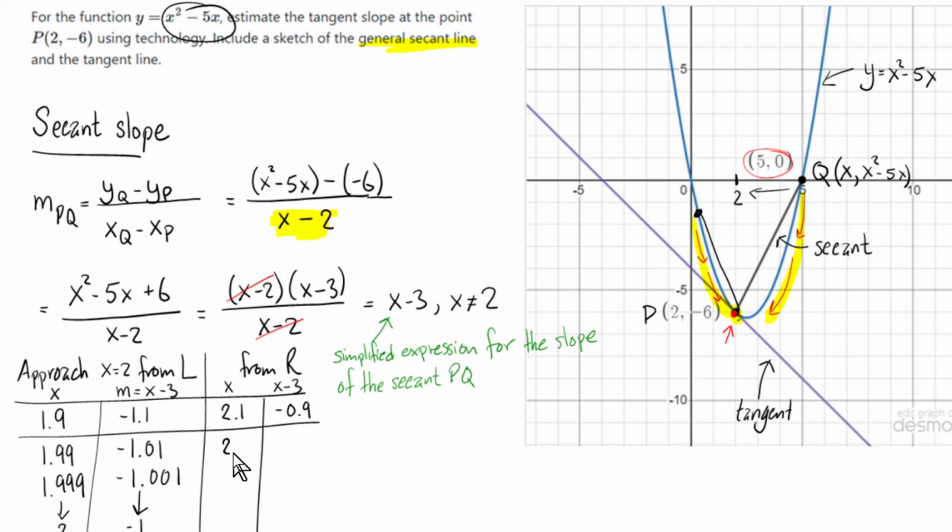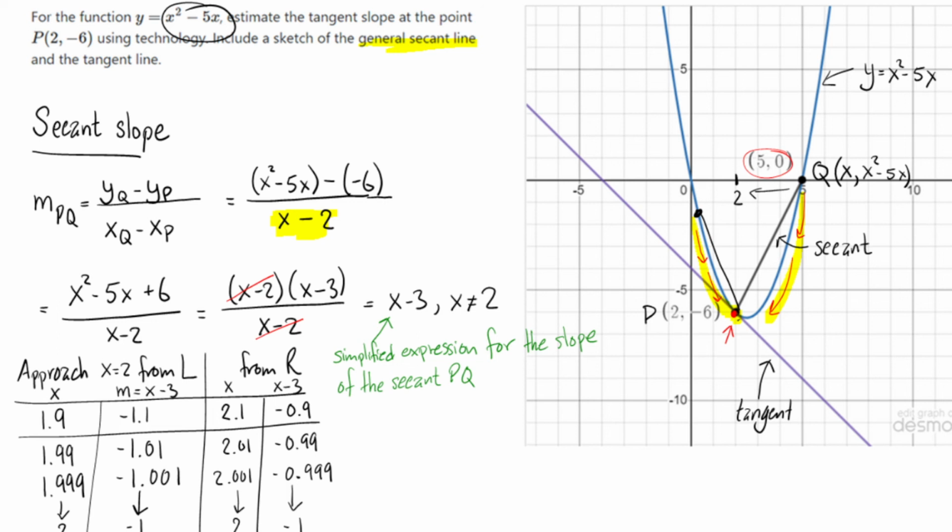So it's going to be 2.01. 2.01 minus 3 is negative 0.99. One more. 2.001, we're very close to 2 now, is going to give us a slope of negative 0.999. And again, if we go all the way down to 2, 2 minus 3 is negative 1.